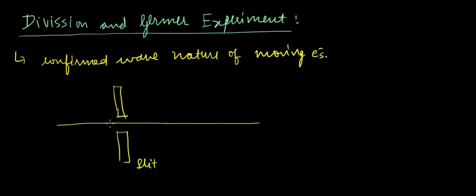This is nothing but the electron beam from the source, passing through the opening between two slits.